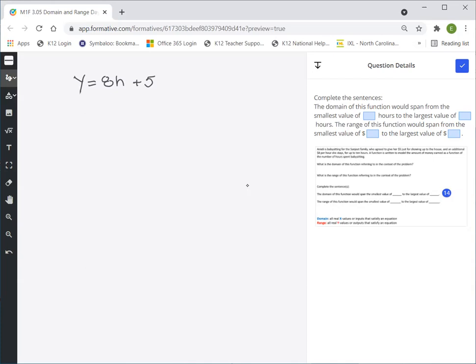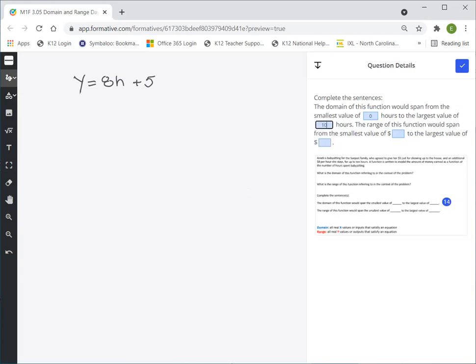And then it asks you for the domain. The lowest amount of hours she can work would be 0, and she can't work less than 0. And then it says they capped her hours at 10 hours.